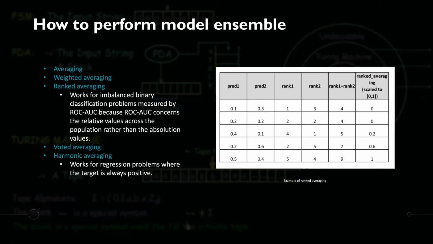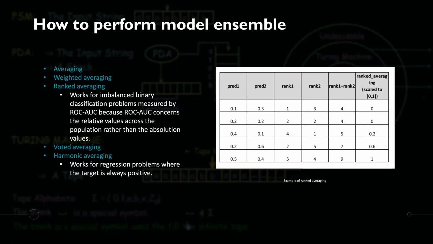Once we train the different models, how can we put them together effectively? If you have to guess, I would say weighted averaging probably makes the best sense in terms of how to combine different models. But there's a significant challenge here.